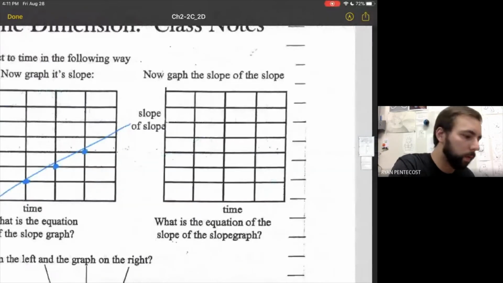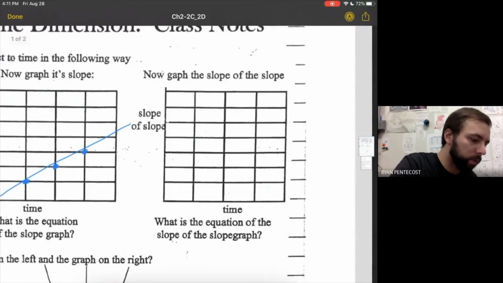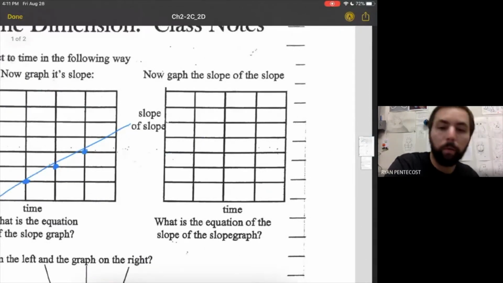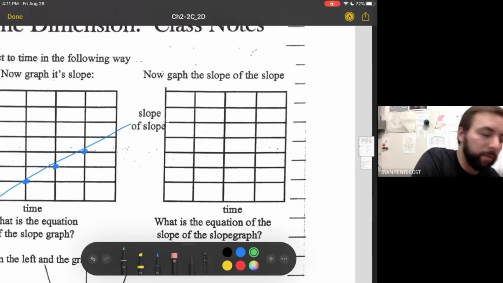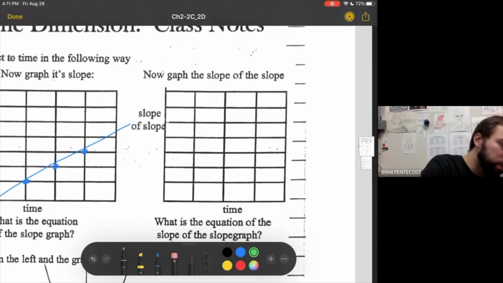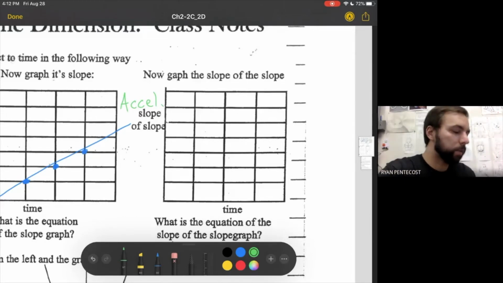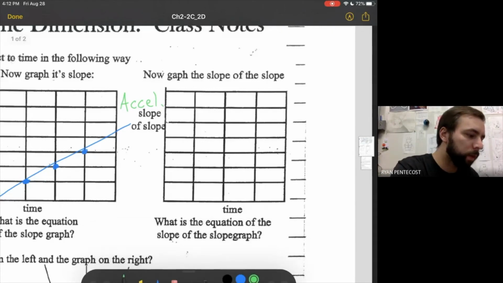All right, so let's graph the slope of the slope. I don't know why that typo is there, but now let's graph it. The slope of the slope in this case would be acceleration, and we still have time on the bottom, right? Now, the slope of this line over here is pretty constant.